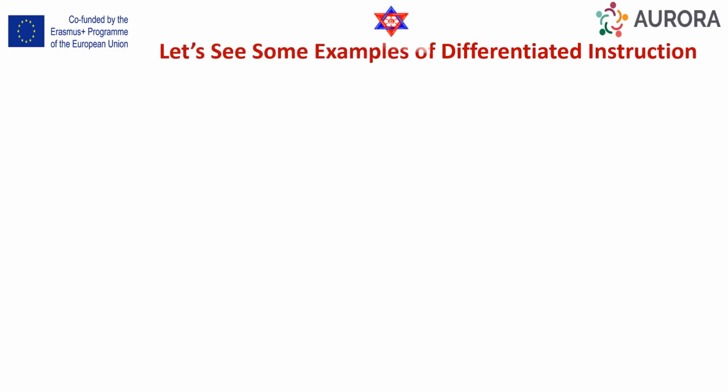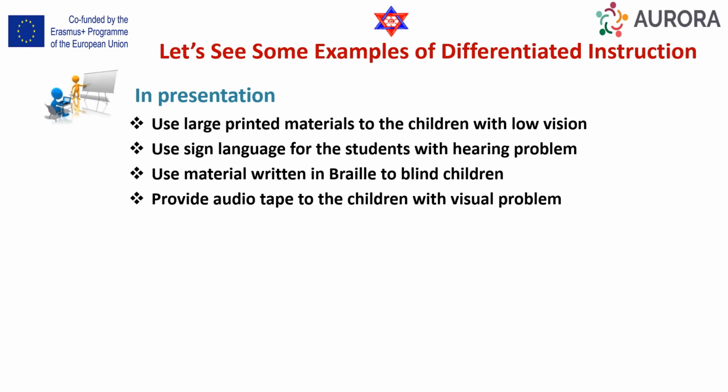Let's see some examples of differentiated instruction through these slides. We can make differentiation in presentation. An example has been given here in the case of children with visual impairment and hearing impairment.